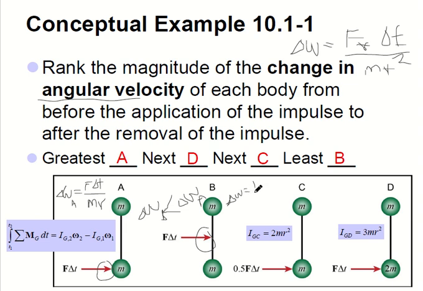That's 1/2, and then F because it's rotation, and then delta t, and then divided by MR squared, and you have another 2 here because you have 2 masses here.